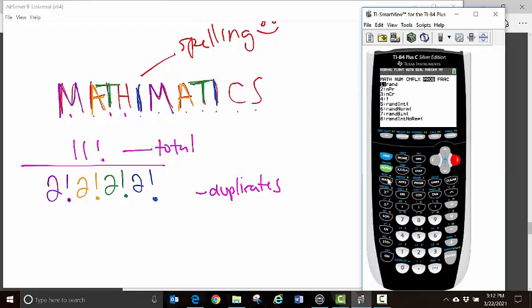You could do it separately. Factorial. This was stupid. Should have picked something easier. 2 factorial. 2 factorial. Notice you either do the numerator and get the number, the denominator and get the number, and then hit enter. Yes, question.